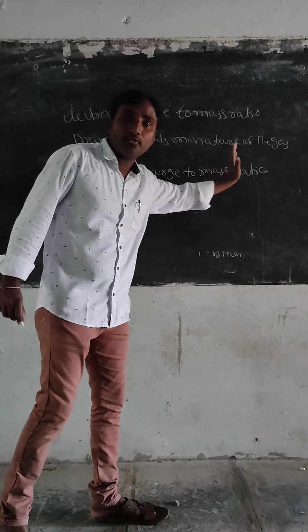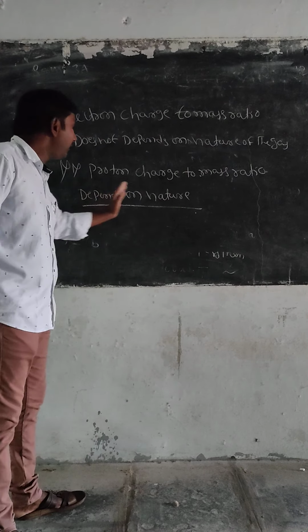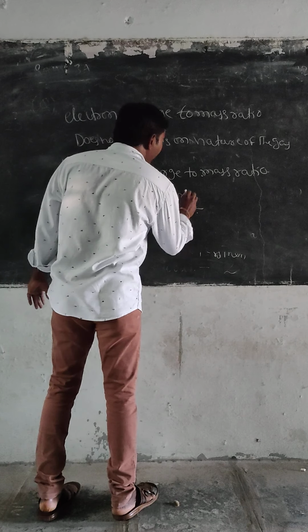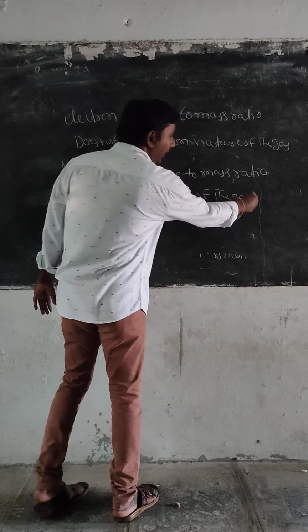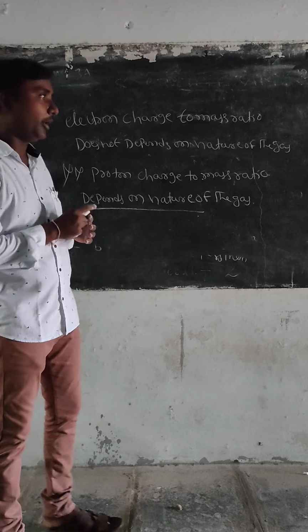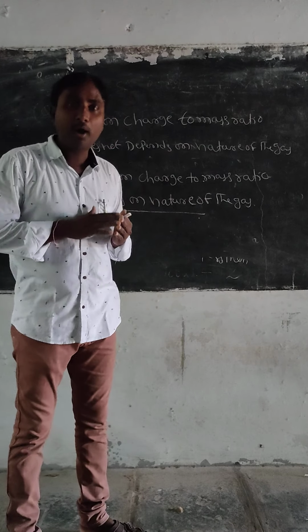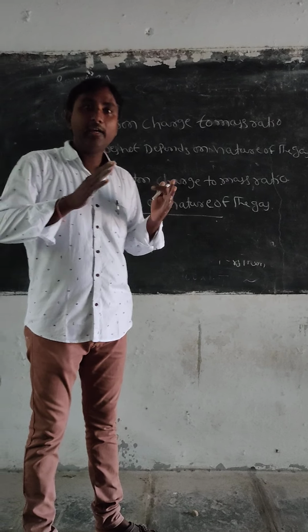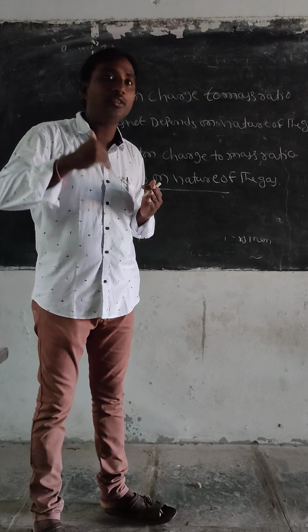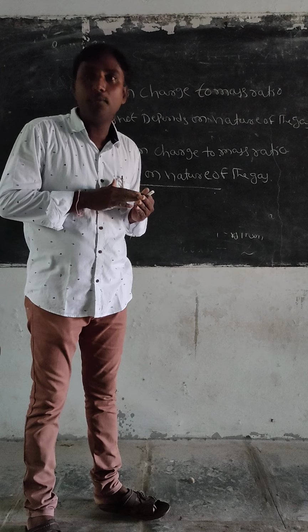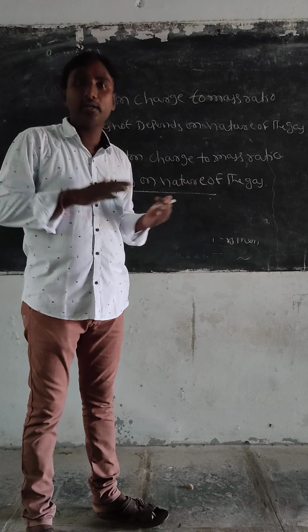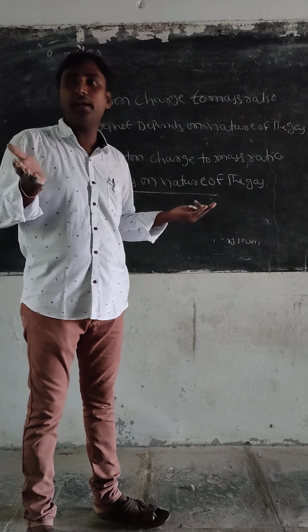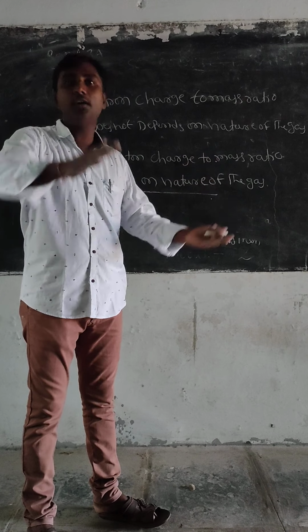Proton charge to mass ratio depends on the nature of the gas. Next, these two points are important. While mass increases, the electron charge to mass ratio is more than the proton charge to mass ratio. What is the reason? Proton mass is more than electron mass. The denominator value is more, so the total value is less.